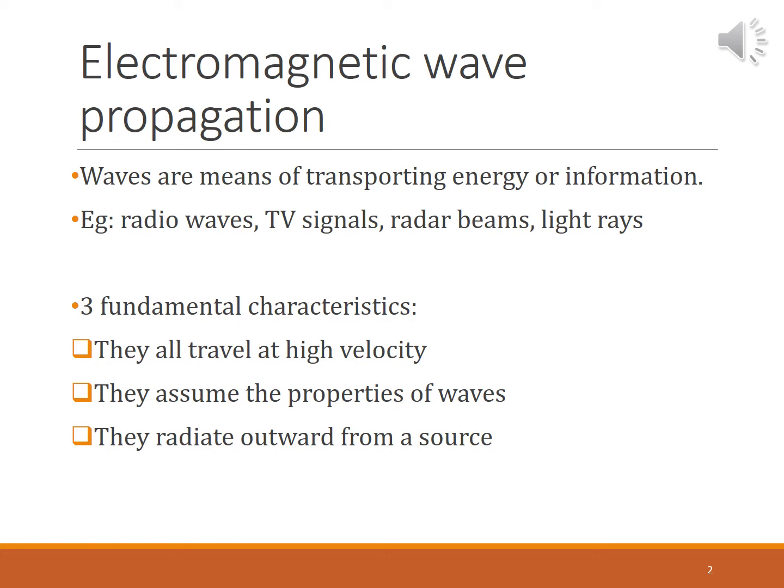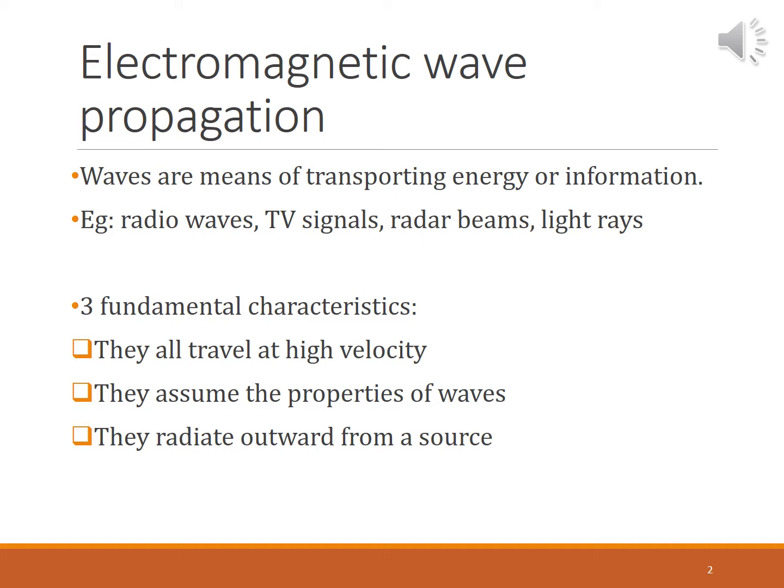So, talking about electromagnetic wave propagation. The first thing that we need to know is, what do you mean by a wave? Waves are means of transporting energy or information. And from the name electromagnetic wave, what do we understand?